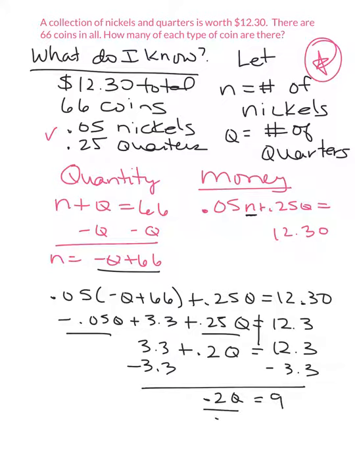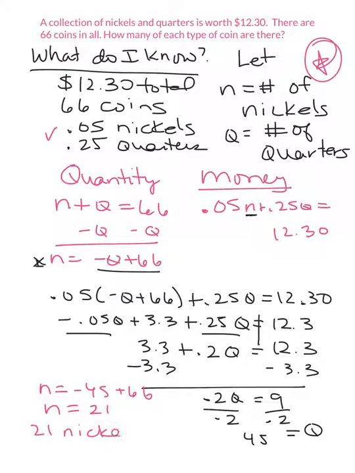Divide both sides by 0.2, and q is equal to 45. So there are 45 quarters. I can go back up to my revised equation here and realize that n is equal to -45 plus 66. So n is equal to 21. So there are 21 nickels and 45 quarters.